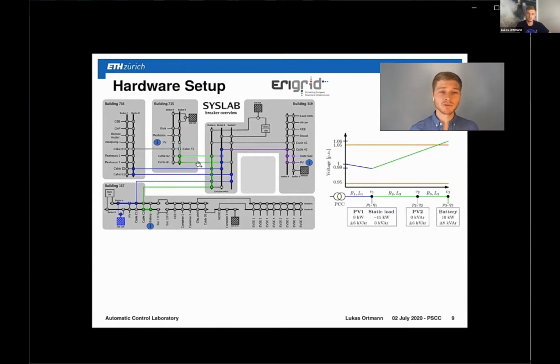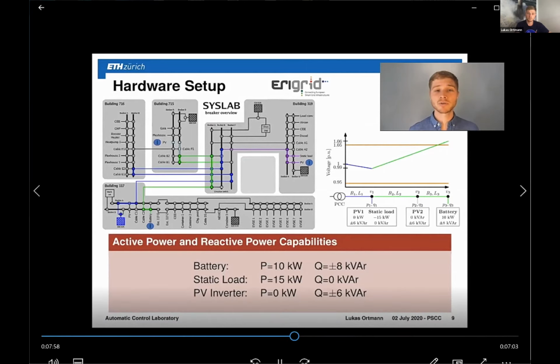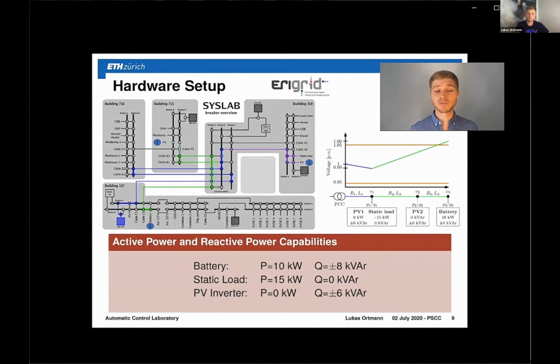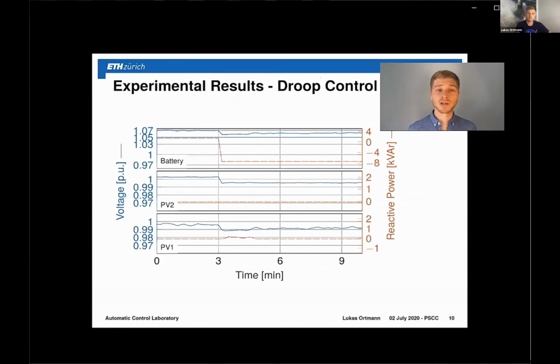The cable colors here correspond to the colors that we see here on the right side, and the grid connection is the transformer down here. We used the battery at an active power at 10 kilowatts, and the static load was running at 15 kilowatts, and the reactive power capabilities, the battery and the PV inverters were plus minus 8 kilowatts and plus minus 6 kilowatts.